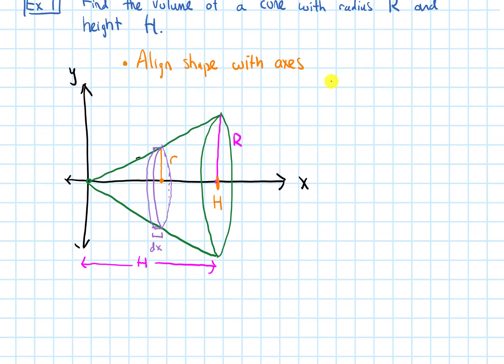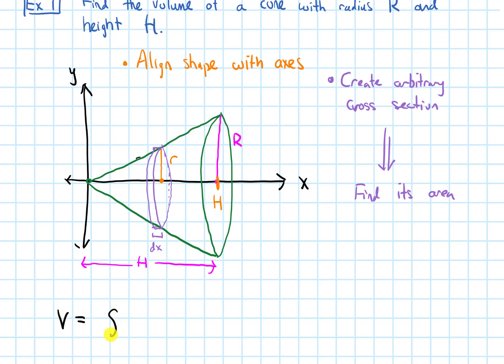Let me also make a note of the fact that we created an arbitrary cross-section in our diagram. And now what I want to do is find its area. I want to find its area because if we remember our formula for volume, the formula for volume will involve an integral. In this case, it's going to be a dx integral.